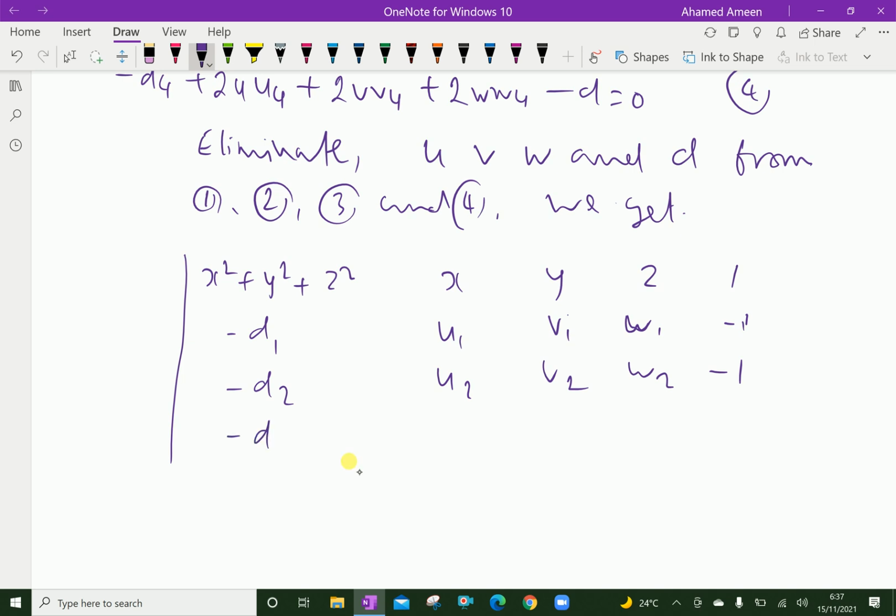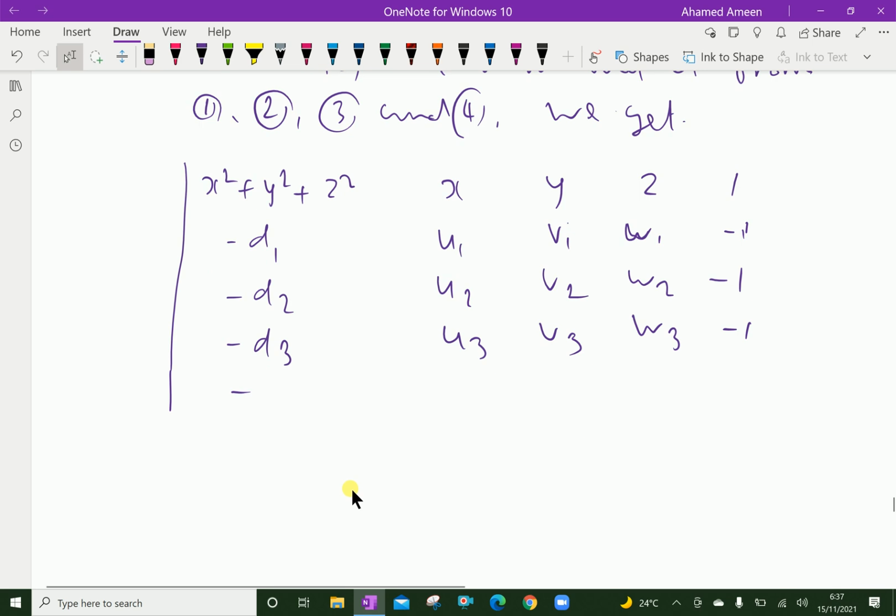Then third, minus d3, u3, v3, w3, minus 1. Next, minus d4, u4, v4, w4, minus 1, which is equal to 0. That means if you calculate the value of this 5 by 5 determinant, we can get the condition for the given four spheres to cut orthogonally with a given sphere.